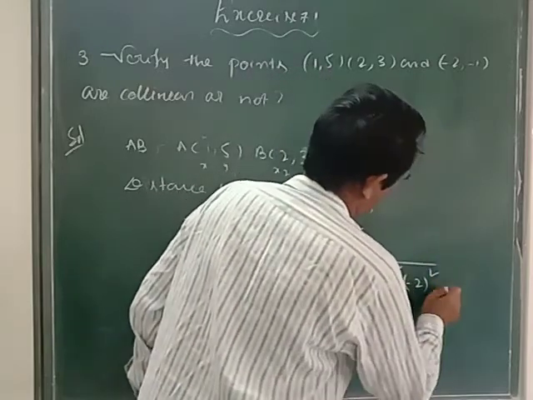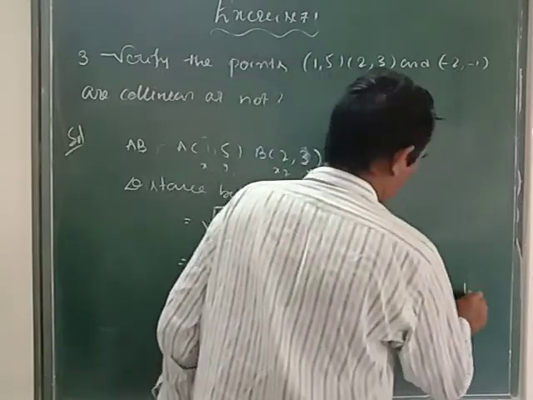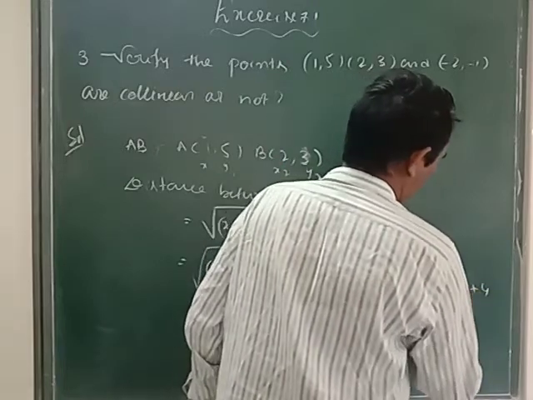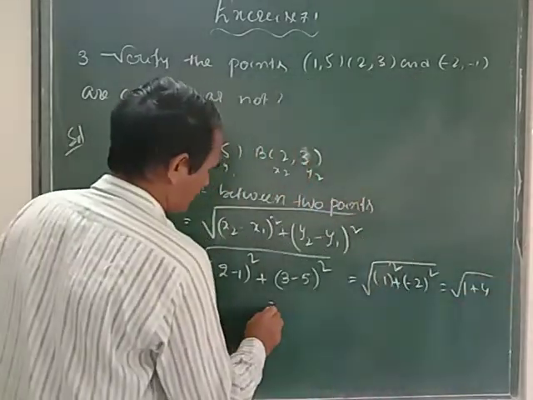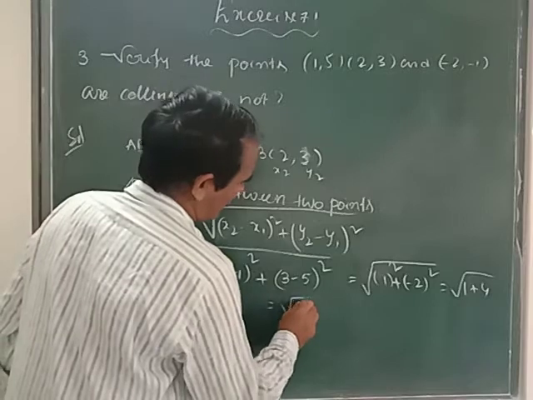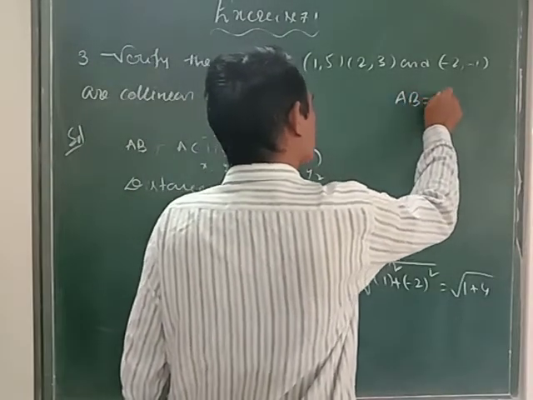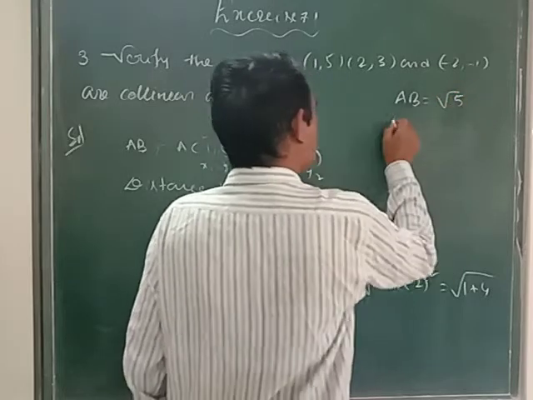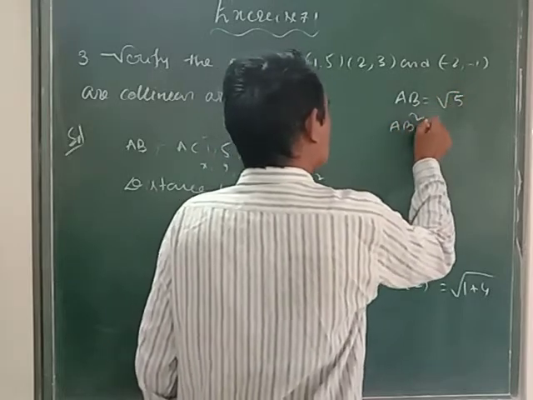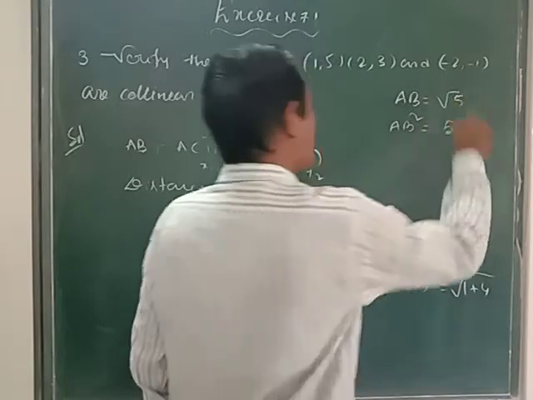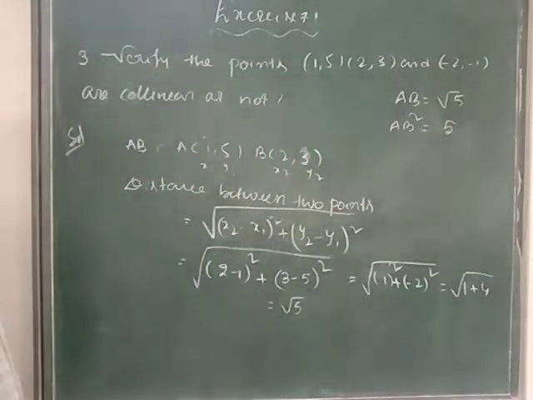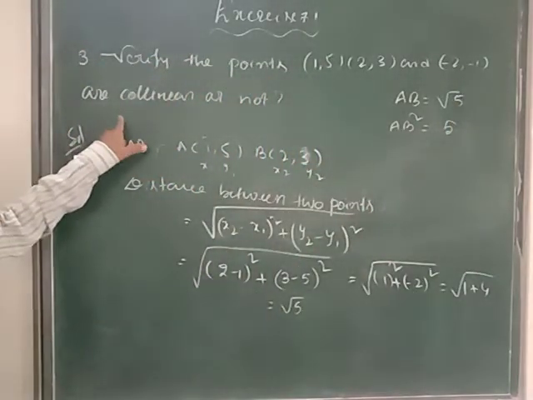Step by step. So 1 square is 1, minus 2 whole square is 4, that is root 5. AB is root 5. AB square is equal to 5. How to verify that?